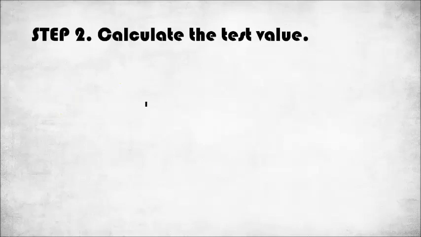calculate the test value. Skip na po natin ang setting of significance level kasi p-value method naman ang i-apply. Kaya ang magiging step number 2 na natin ay calculate the test value. Okay? Unahin po natin ang calculation bago tayo maghanap sa table.